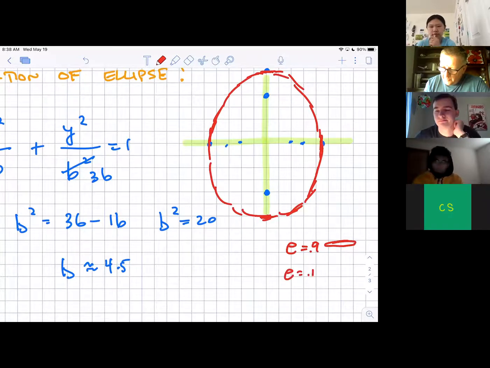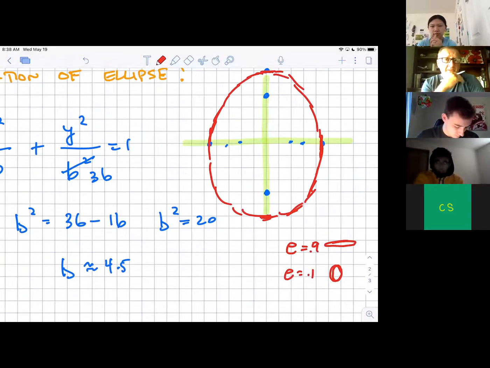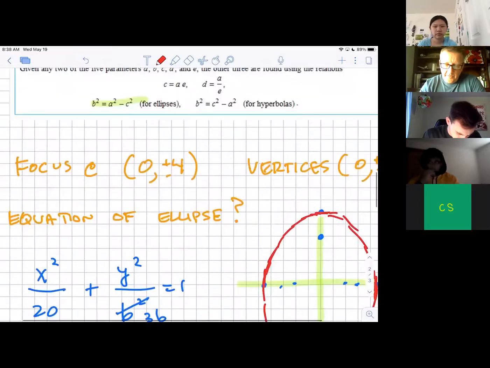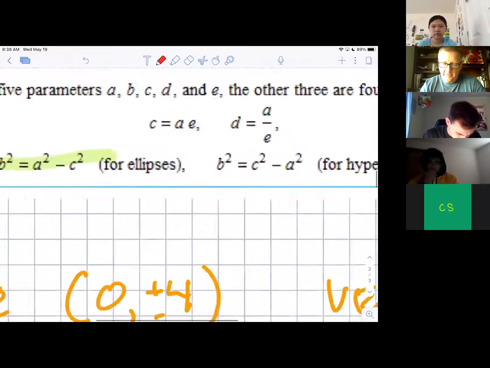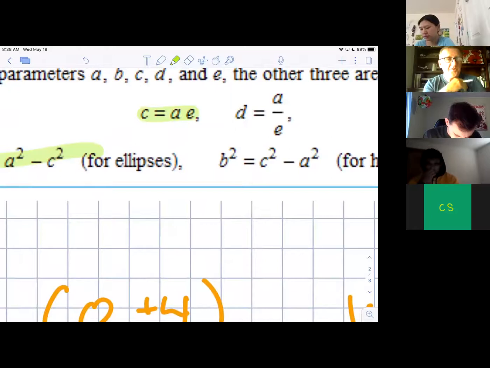E equals 0.1 is more circle-ish. It's kind of approaching a circle. This looks closer to a circle to me, so I'm guessing, I can't really know this for sure, but I'm thinking it's more like 0.3 or something like that. And again, can't we figure this out? I'm not going to do it right now, but don't we have all the ingredients we need thanks to this little formula to actually know exactly what E is now? And in a sense, when we get that, we should say, yeah, okay, I'm not really surprised.